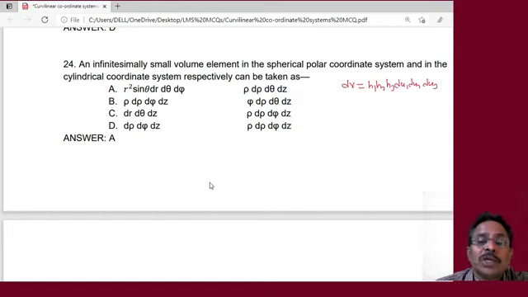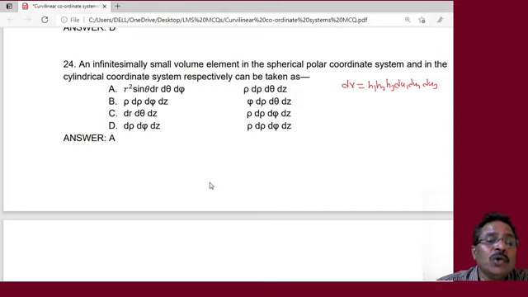So use this formula. Here, in the spherical polar system, 1, r and r sine theta are the three different h1, h2, h3, multiplied by dr, d theta, d phi.